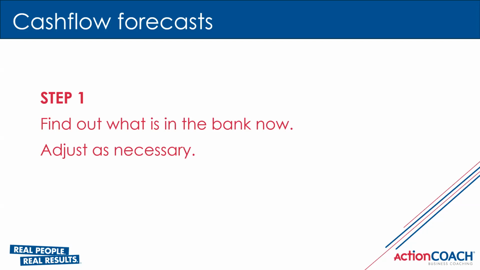You might have various bank accounts, you might have deposit accounts, and especially some people really find it useful to put aside money for their VAT or for their tax bill, or something that's not going out every month but going out quarterly or even annually. So include all of your bank accounts and then adjust as necessary. What this means is if you know that there's a payment that has gone out but it hasn't actually been reflected in your bank account, then you need to adjust for it here.